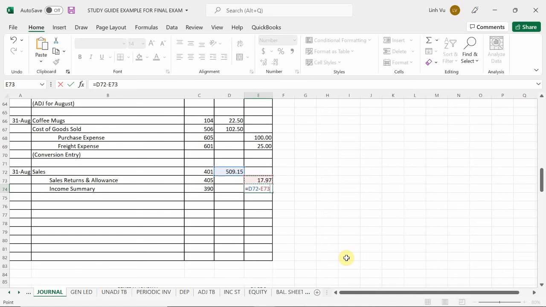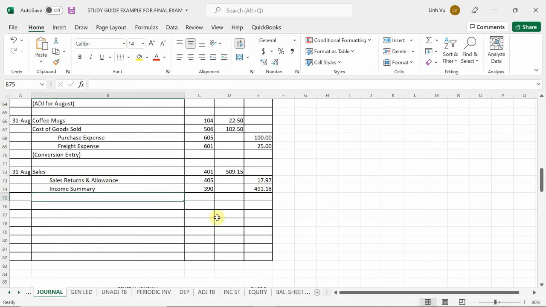Or what's my total income summary? 491.18. Good. And this is going to be close out revenues.